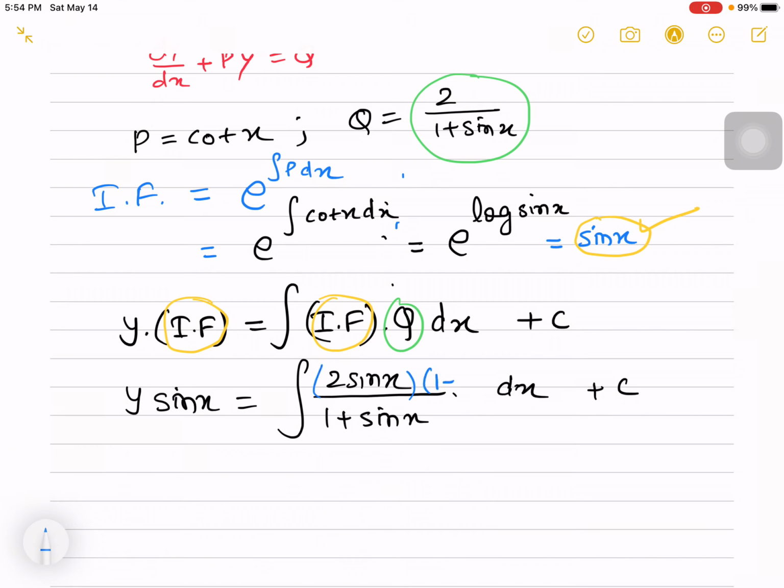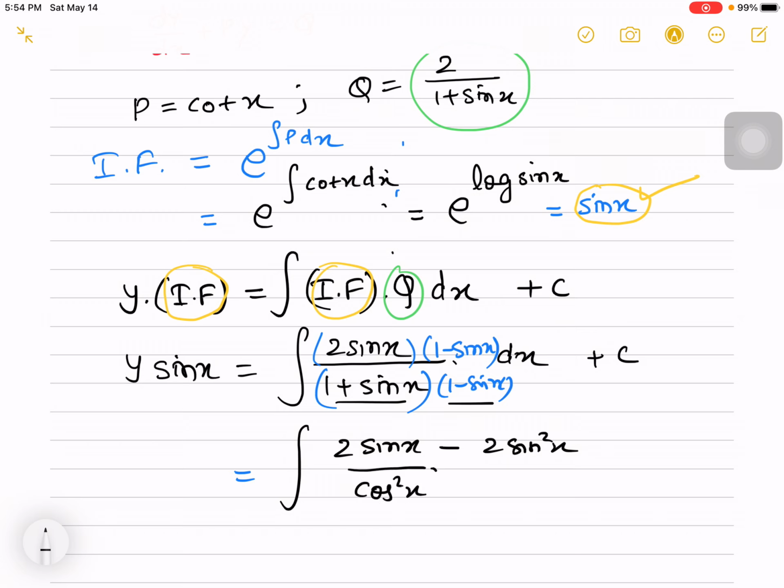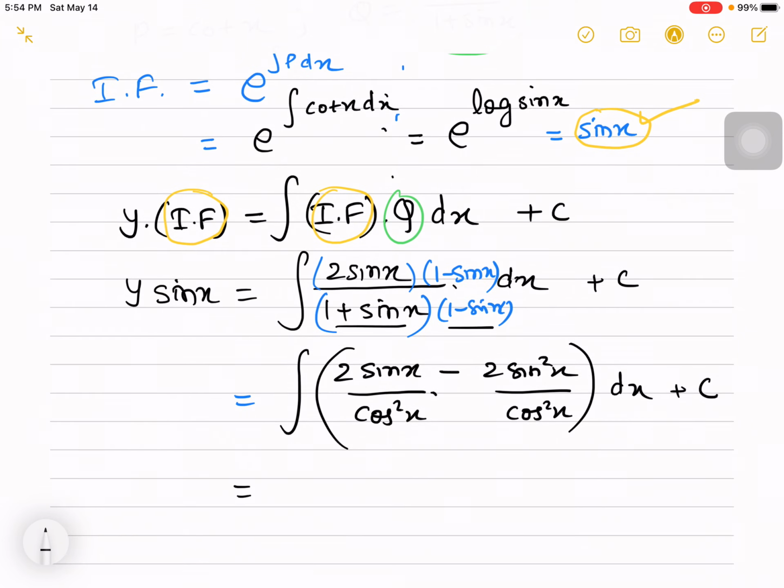We will multiply by 1 minus sin x in both numerator and denominator, and after multiplication we get in the numerator 2 sin x minus 2 sin square x, and in the denominator 1 plus sin x into 1 minus sin x, which is 1 minus sin square x, and that is cos square x. We can use this identity directly because we have read it, and we are in class 12, so we can use this value directly here. Okay, and now 2 will be common.